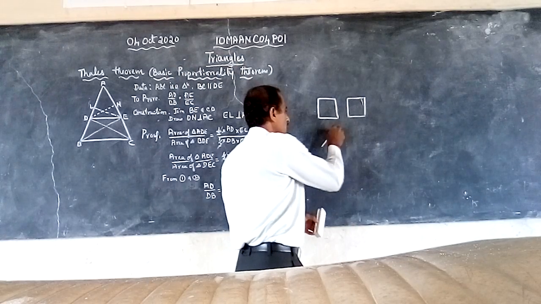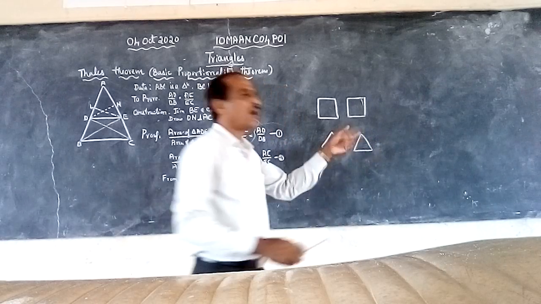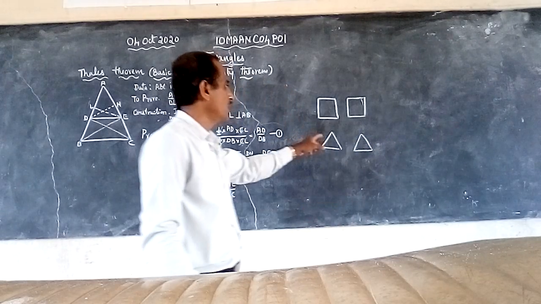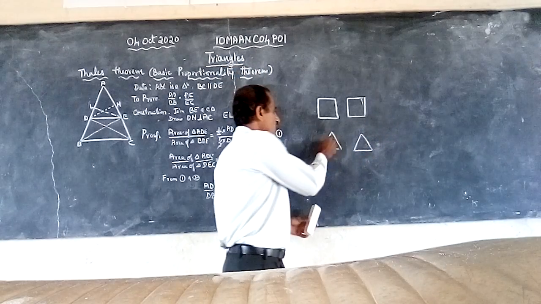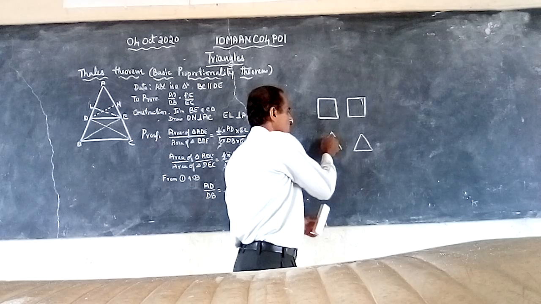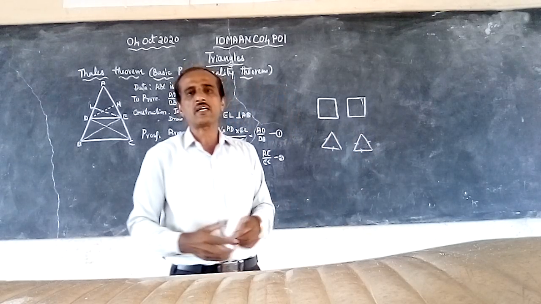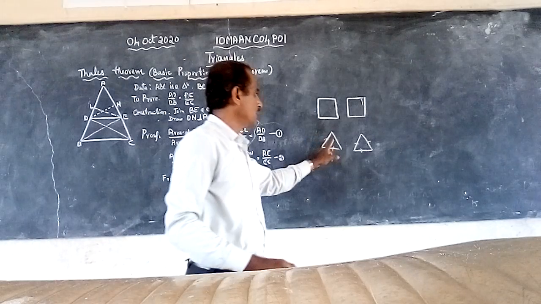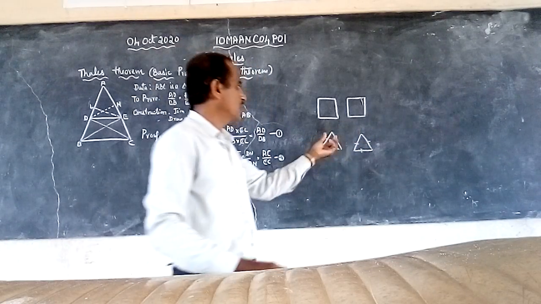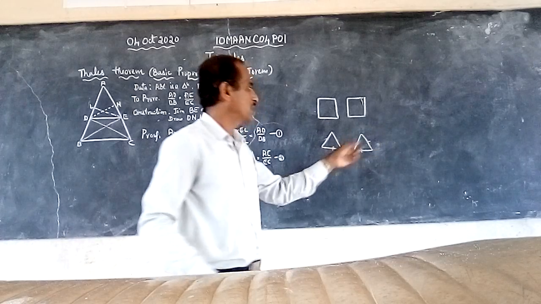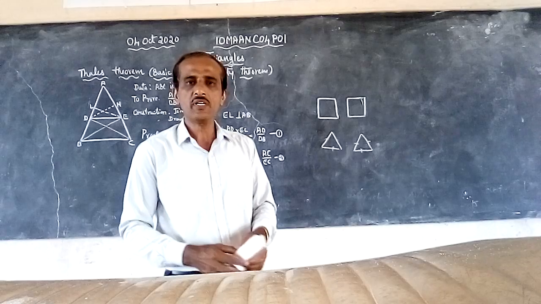Or if you take triangles, the sum of the three angles is 180 degrees. If the sides of one triangle are correspondingly equal to the sides of another triangle, then also we can say these two triangles are congruent to each other, isn't it?